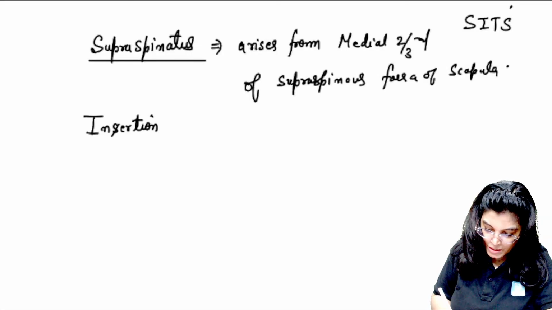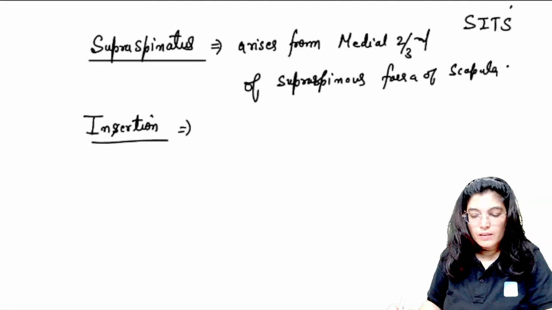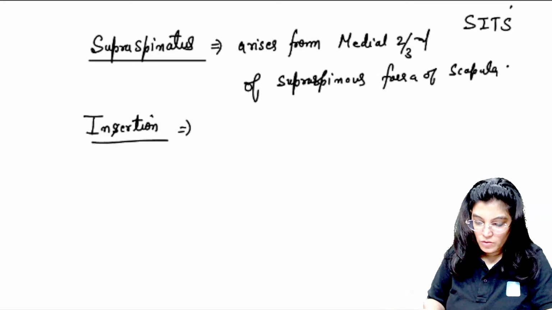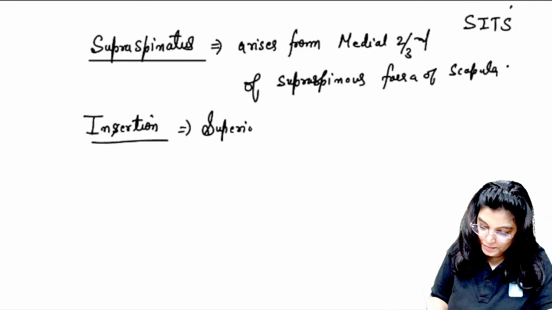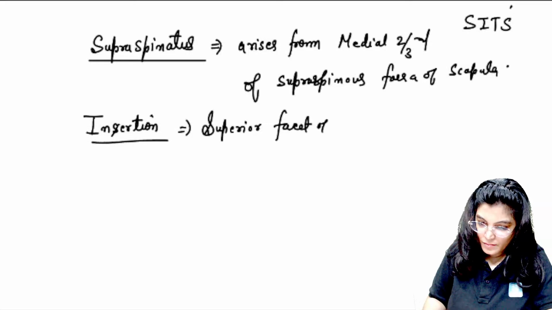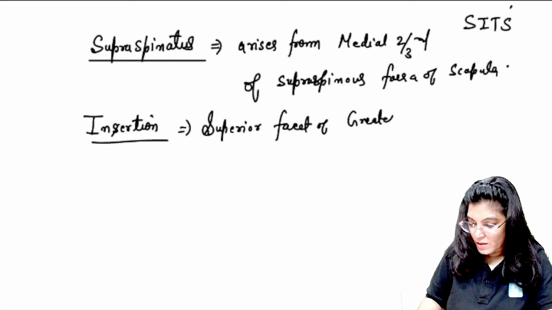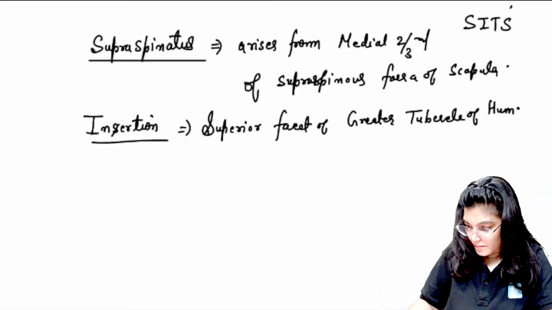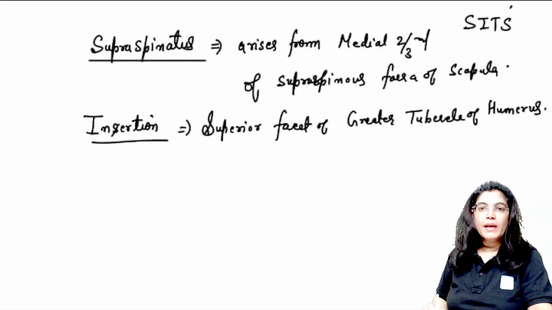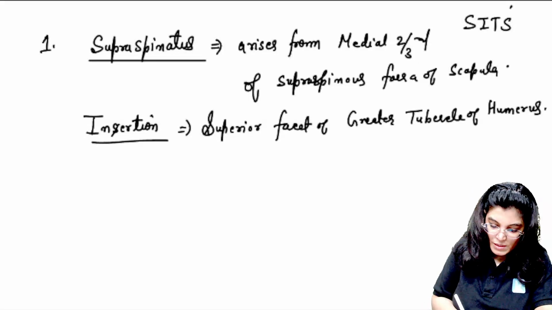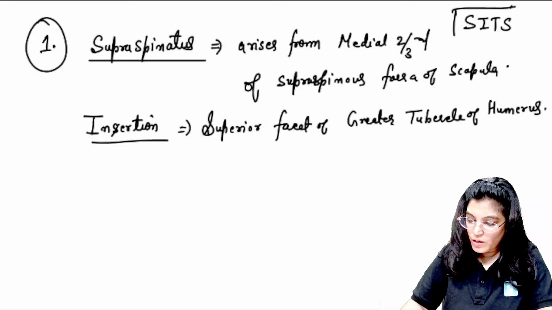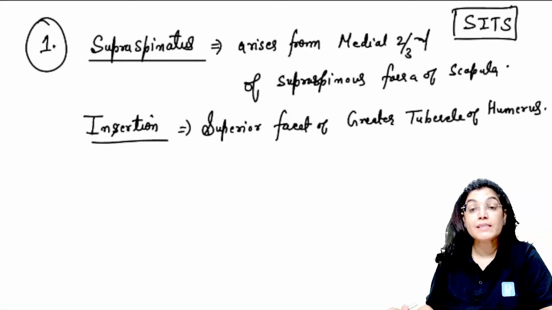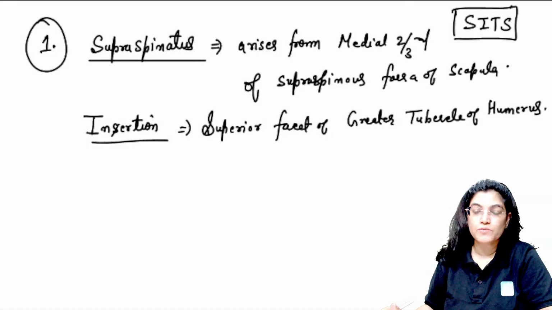Insertion: the supraspinatus muscle inserts onto the superior facet of the greater tubercle of the humerus bone. So this is the first muscle of SITS, the rotator cuff muscles. The mnemonic is S-I-T-S: S for supraspinatus, I for infraspinatus, T for teres minor, and S for subscapularis.